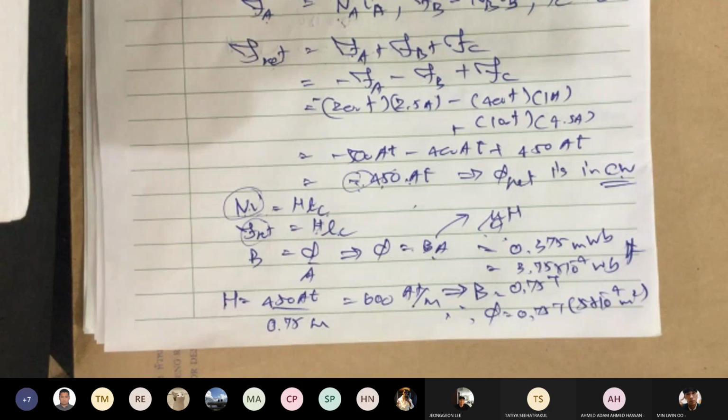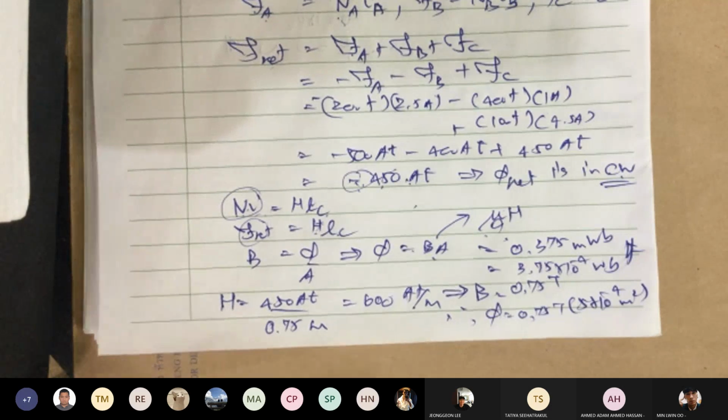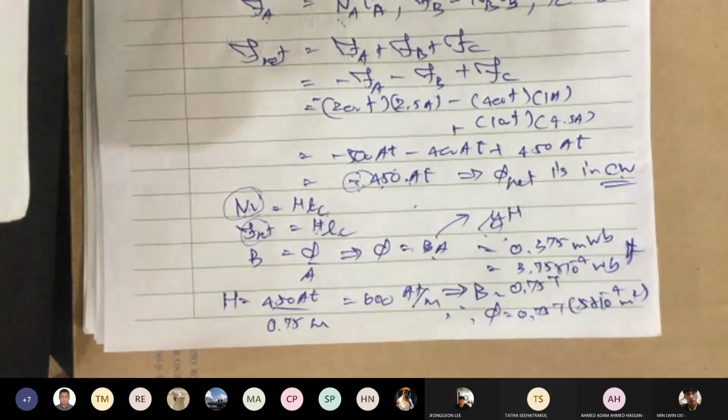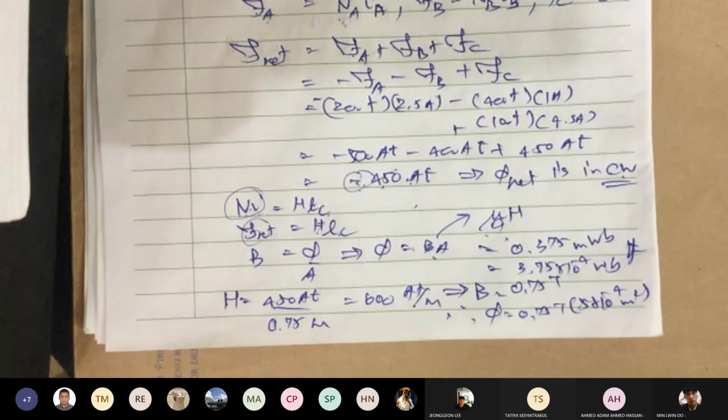Let's do an example on magnetic circuit. We have about 20 minutes, right? What I'm showing you here, let me send you the second one.